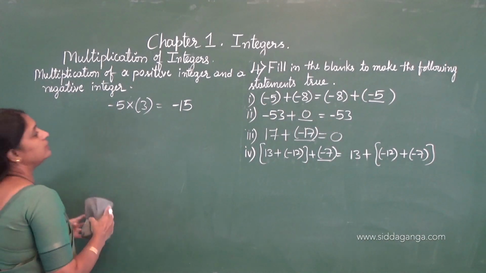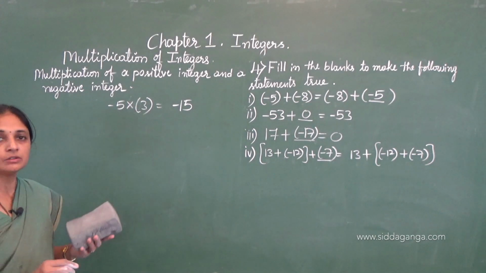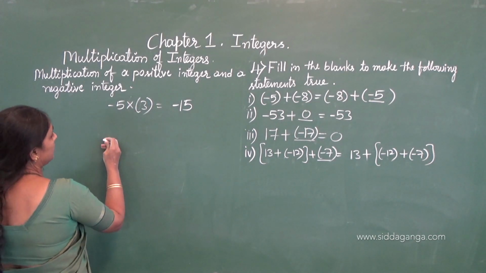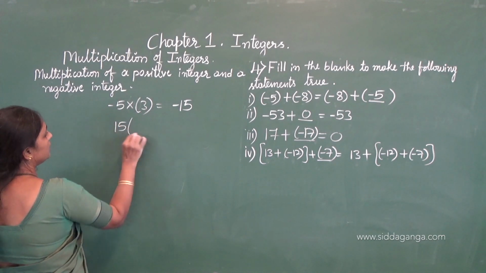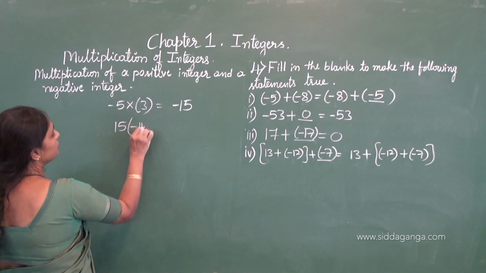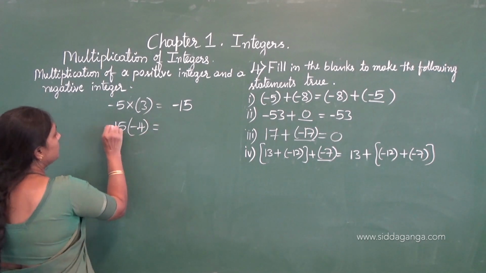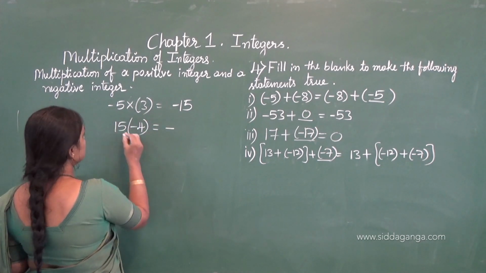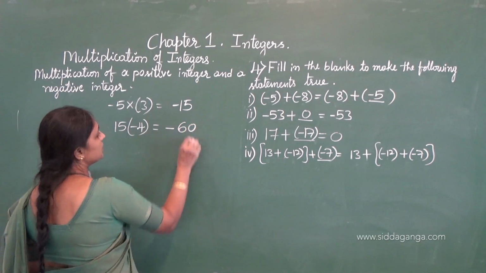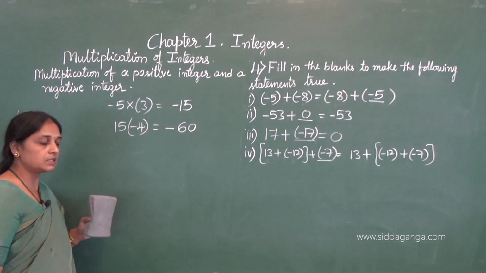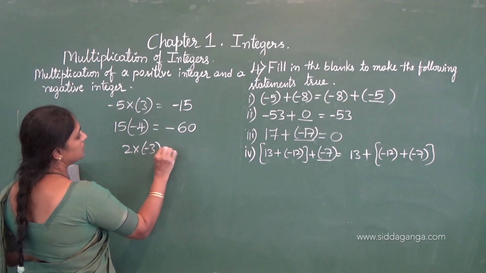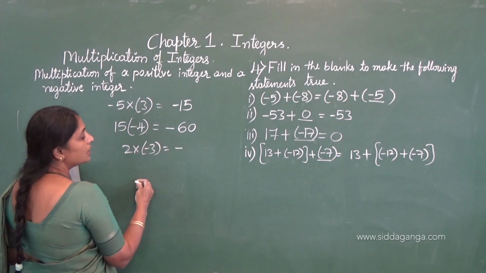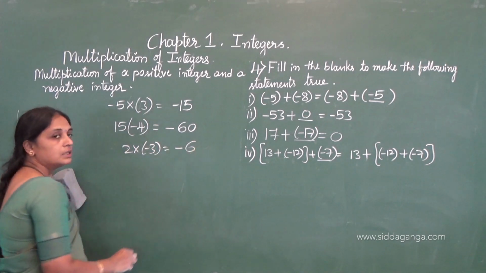Here minus 5 into 3 we get minus 15. Like this we can take 15 into minus 4. It is equal to plus into minus is minus. 15 fours are 60. Like this, 2 into minus 3, that is equal to plus into minus is minus. 2 threes are 6.